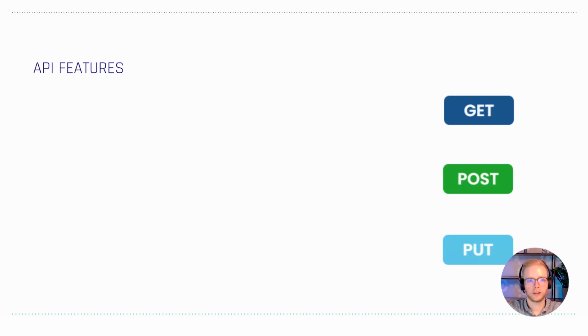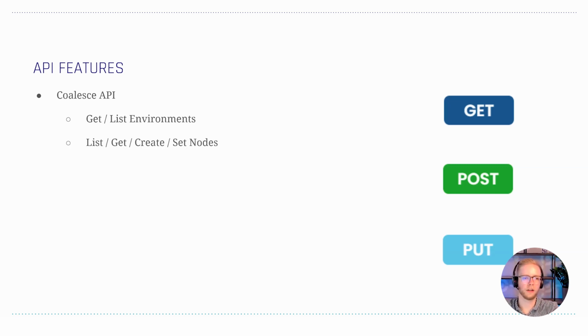As an introduction, the API is in general split into two parts. The core API is just called the Coalesce API. With this API, you can get all environment information. You can create nodes, get all the nodes that you have, and modify existing nodes if you want to.